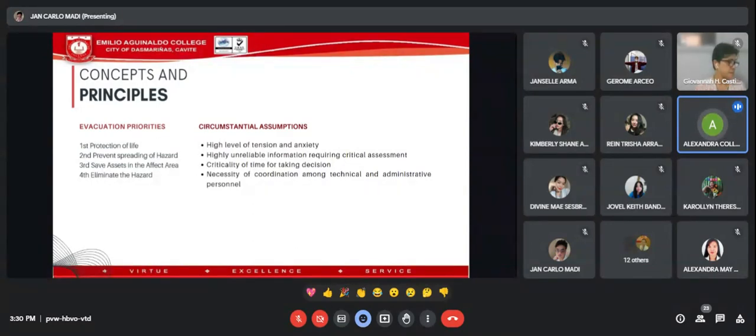Criticality of time for taking decisions, necessity of coordination among technical and administrative personnel. So, dito kasi, ina-highlight nito yung importance ng coordination between groups.